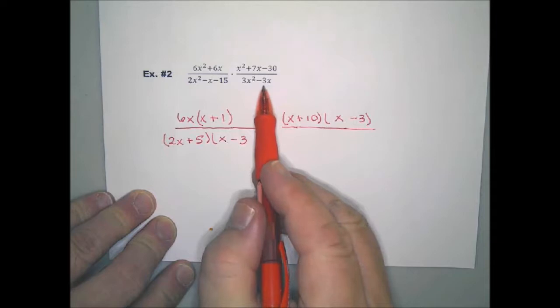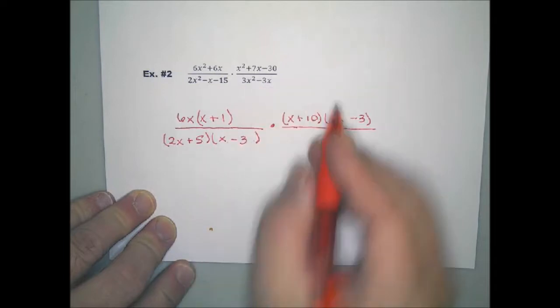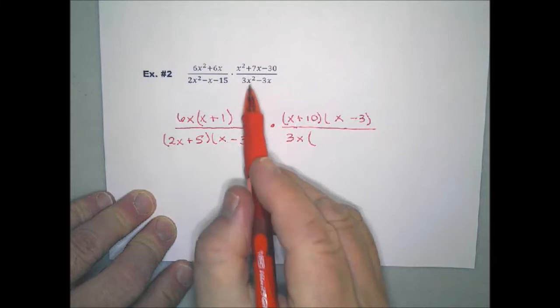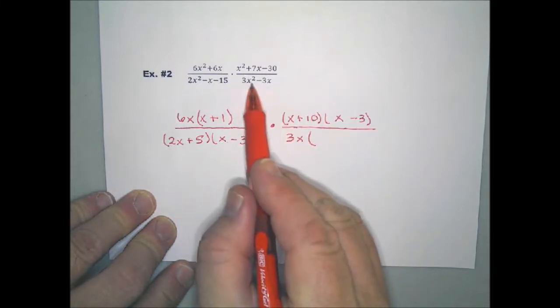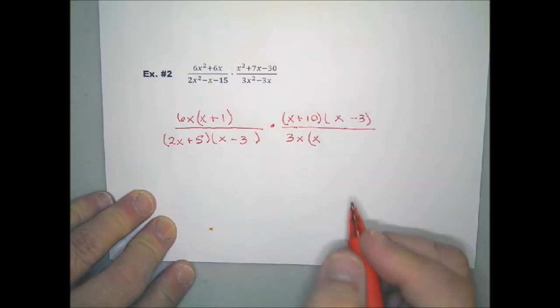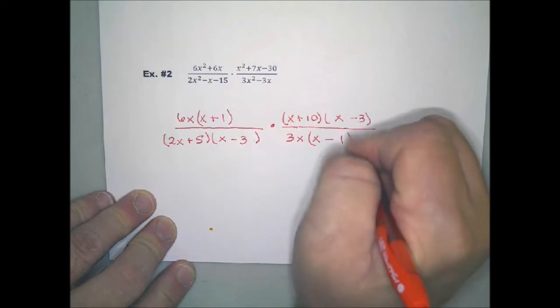And then down here, the denominator of the second fraction, this is another GCF. They both have 3x, so I'm going to factor out a 3x. And I'm going to get left with, if I factor a 3x out of 3x squared, I'm just going to get an x. And if I factor a 3x out of a 3x, again, it doesn't just go away.